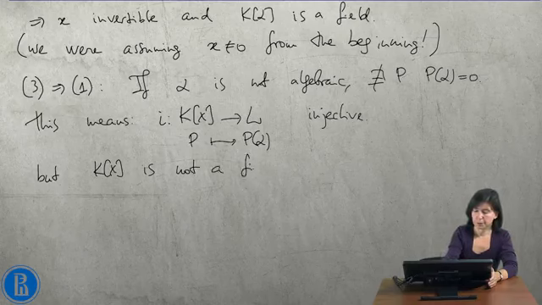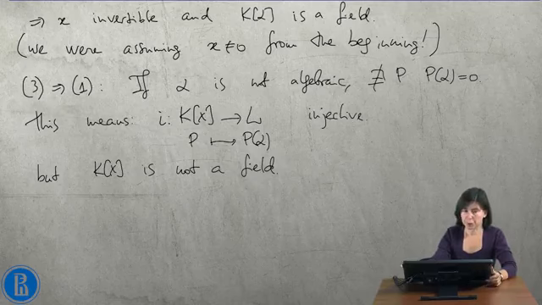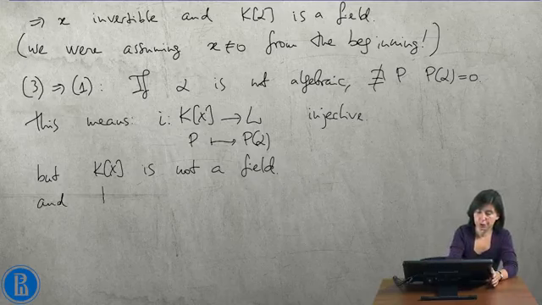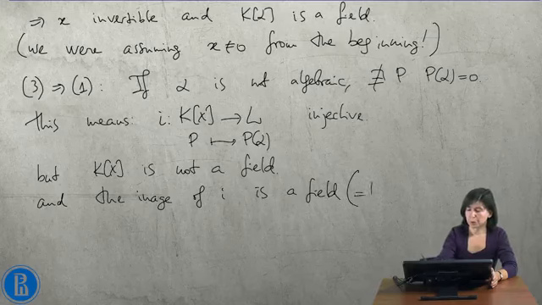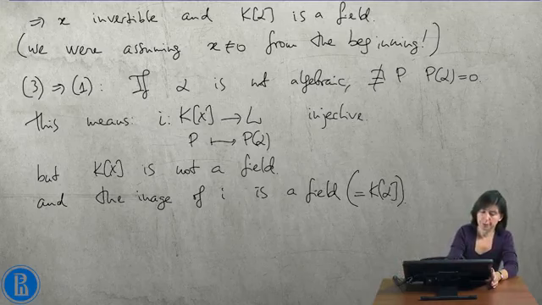And the image of this homomorphism is K of alpha in the square brackets, which is a field, because this was just K of alpha. So this is a contradiction.